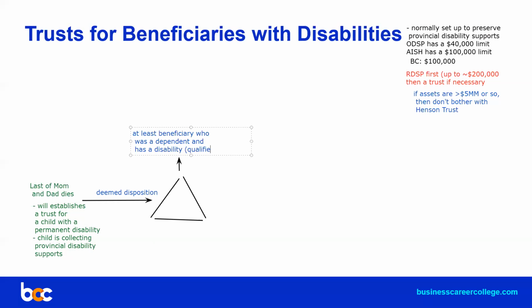This person likely qualifies for disability tax credit. That's generally going to be required for what I'm going to show you here. So I have now, and whatever assets we have in the trust, I don't care too much about that. Our capital, remember, of the trust. Okay. And I've created now our disability trust.